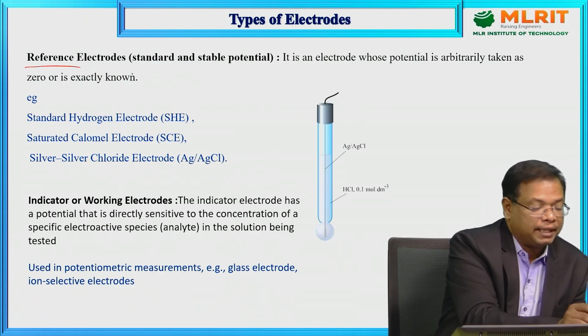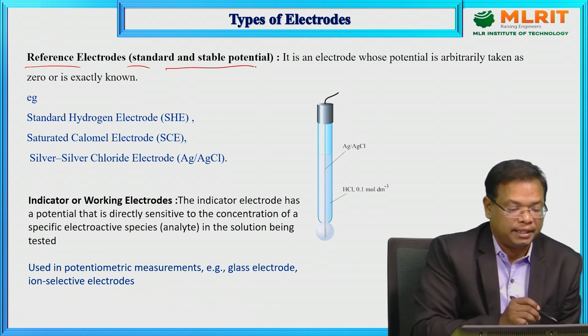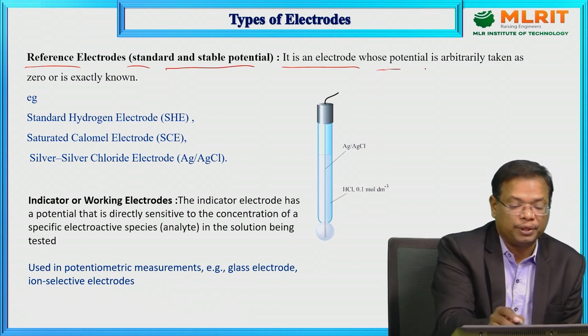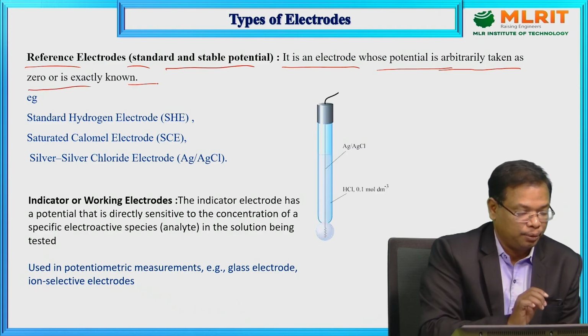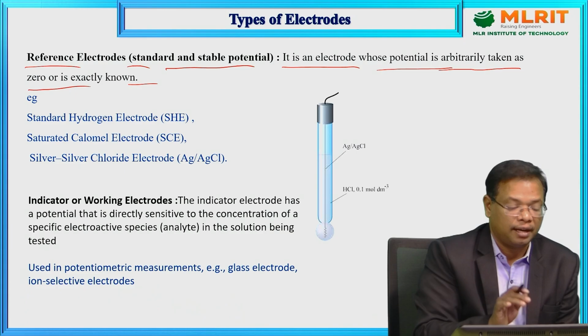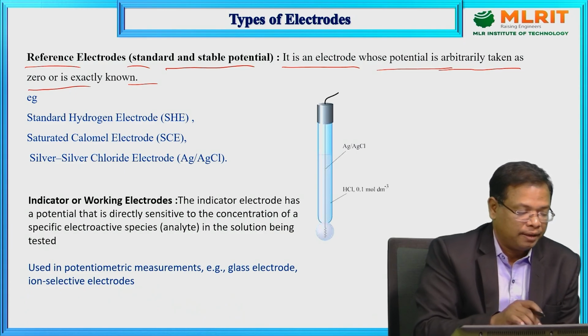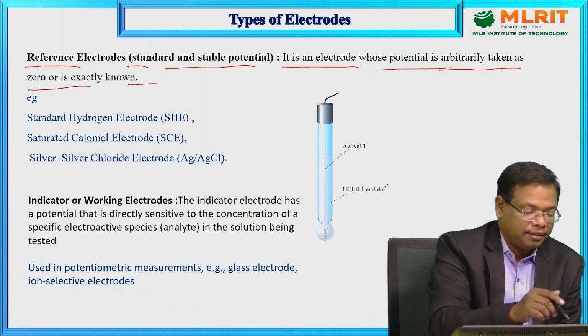And then reference electrodes, with standard and stable potential. It is an electrode whose potential is arbitrarily taken as 0 or is exactly known. So it is a standard reference electrode, which is always used in electrolyzers to find out any solution's pH, potential, or conductivity.